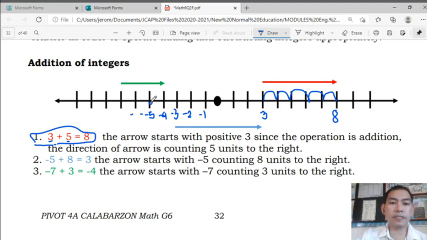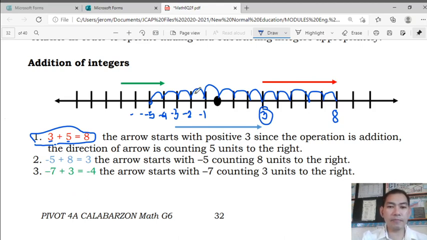So since this is our starting point, we will jump here. Positive 8, positive, going to the right. 1, 2, 3, 4. You're also going to include 0 in the jumps. So 1, 2, 3, 4, 5, 6, 7, 8. So the answer is positive 3. Okay? So I hope you're getting it.